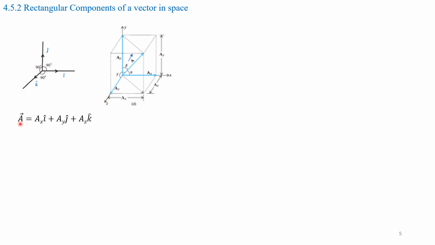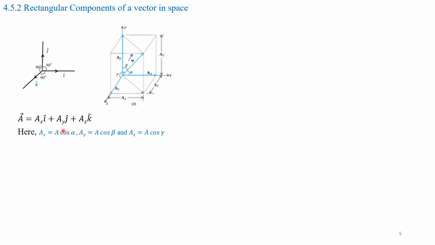This is written as shown on the screen: vector A is equal to AX I plus AY J plus AZ K, where AX is the coefficient of unit vector I along the x-axis, AY is the coefficient of unit vector J along the y-axis, and AZ is the coefficient of unit vector K along the z-axis.